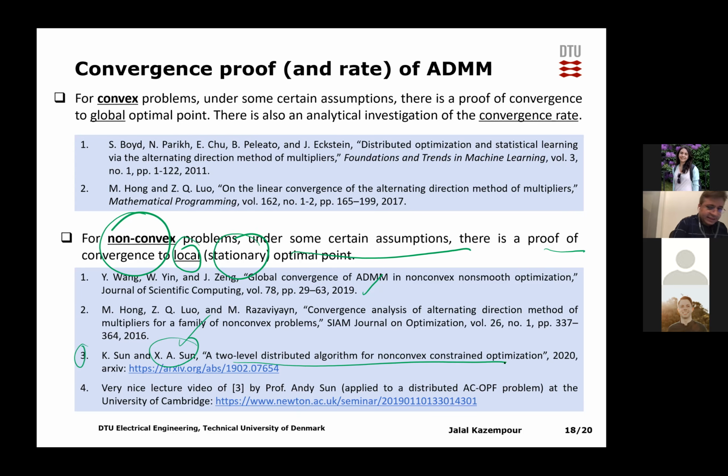They applied ADMM to an AC-OPF problem and proved convergence in general, but not necessarily to the global solution. There's also a very nice video lecture by Professor Andy Sun at the University of Cambridge about distributed AC-OPF. It's the video lecture in reference 3. If you are interested in ADMM, you can check out these references.